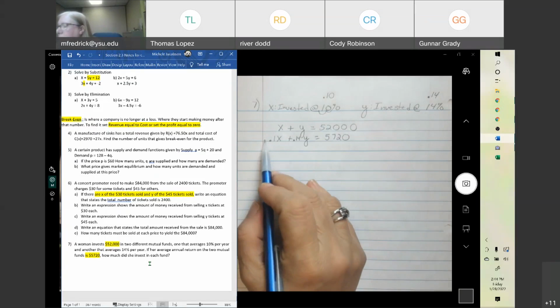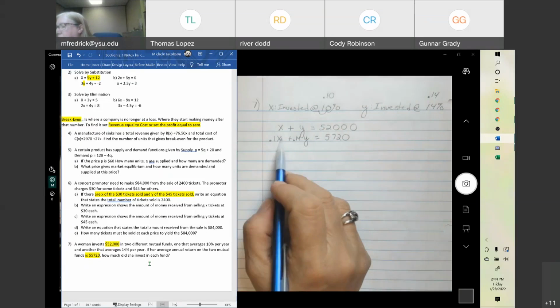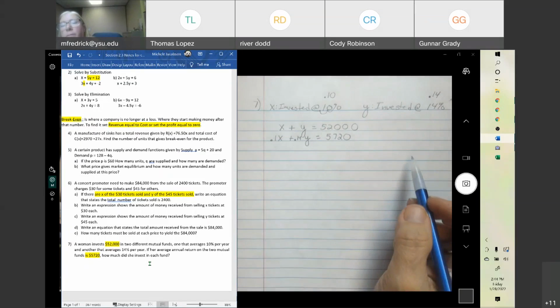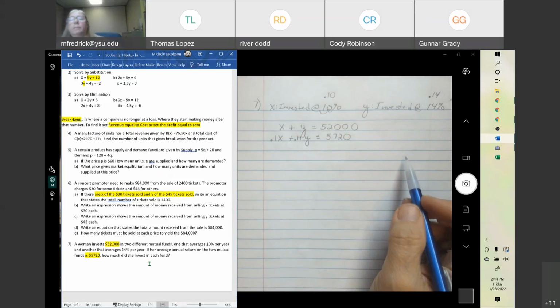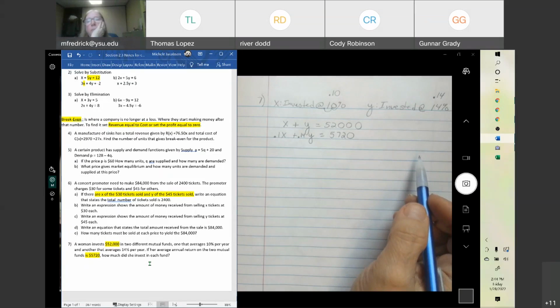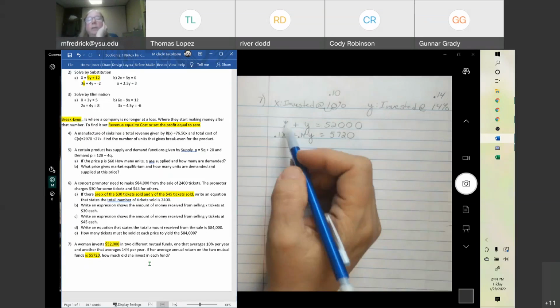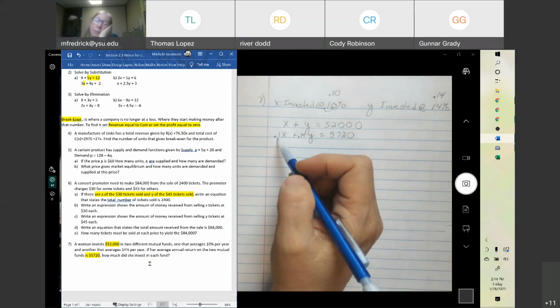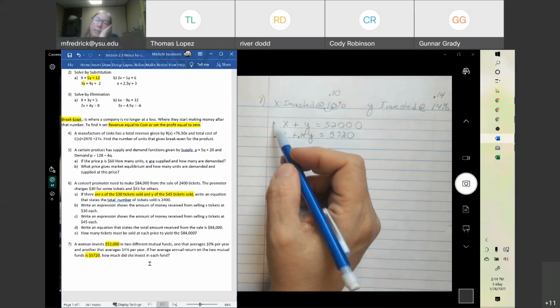What could we multiply by to get the x's to drop off? Anyone? Well, if you want to keep the decimal, you could multiply the top by a negative 0.1.